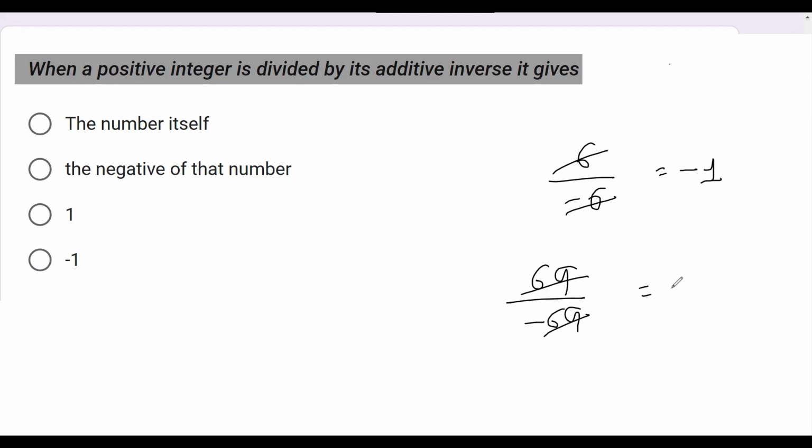That gives you minus 1. So irrespective of whether that positive integer is big or small, if you divide it by its additive inverse, that gives you minus 1. So this minus 1 is the correct option.